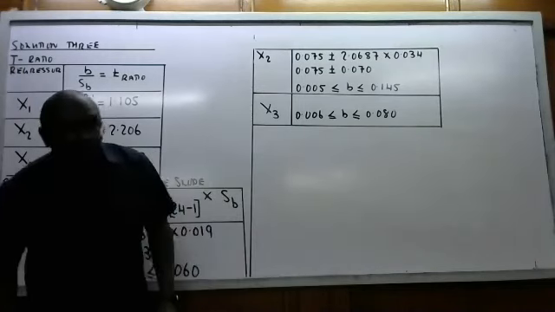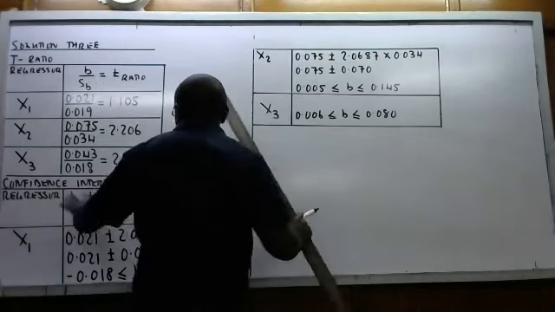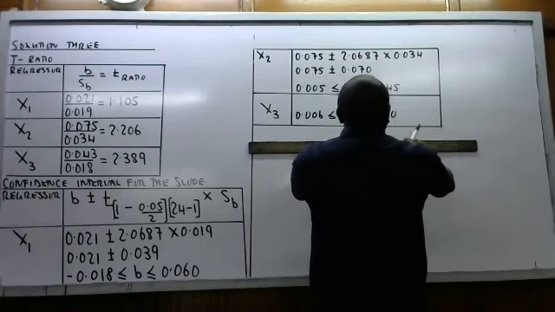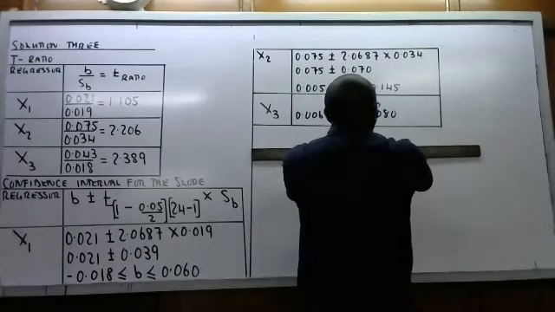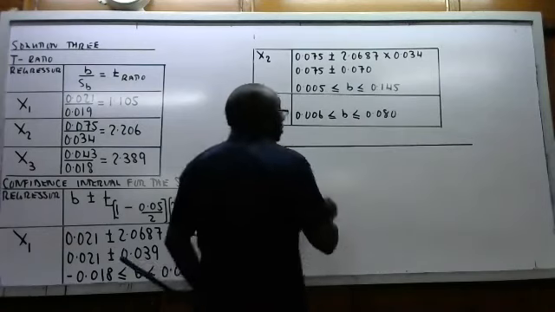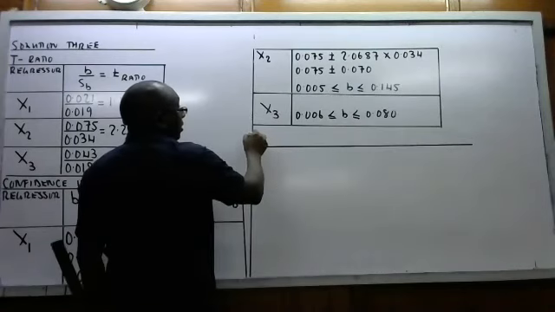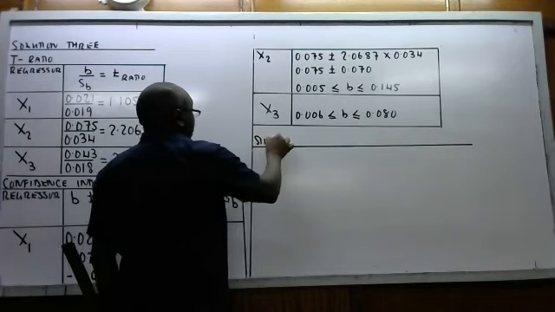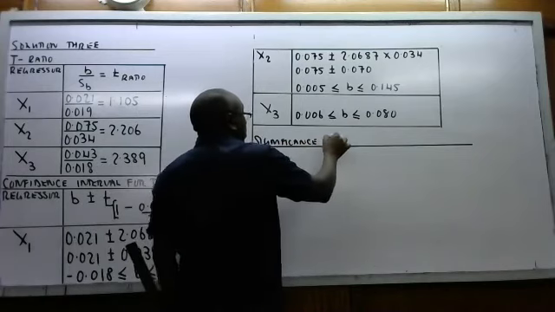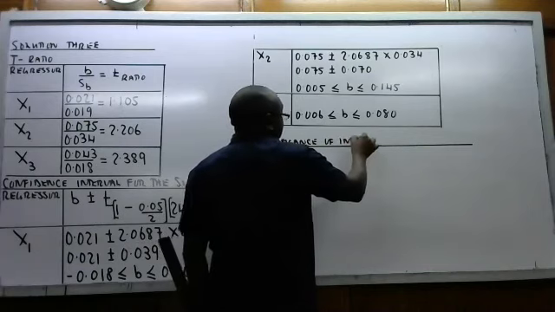So just to cement our understanding of how to do the significance tests, I want us to make a small table here. Significance of the independent variables.